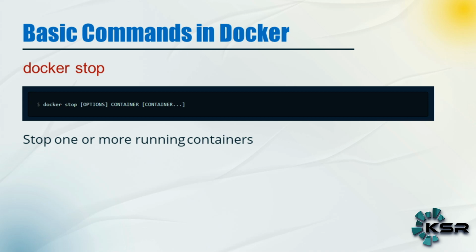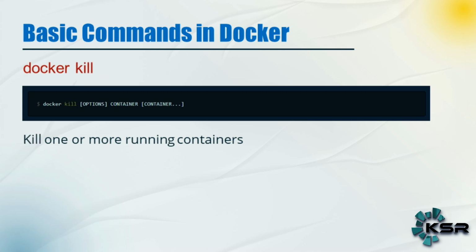Okay, the next command is docker stop. This command is used to stop a running container. When the container is active, you can use the docker stop command to stop it, right? The next one is docker kill.